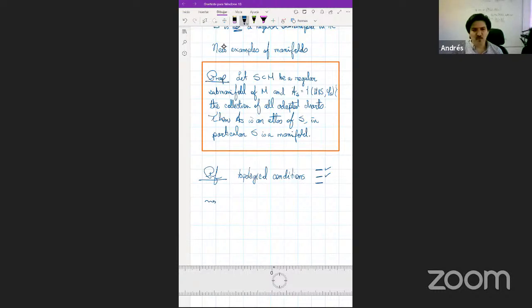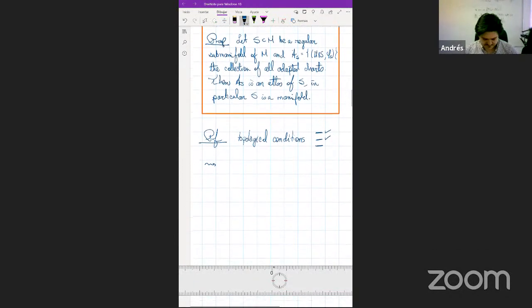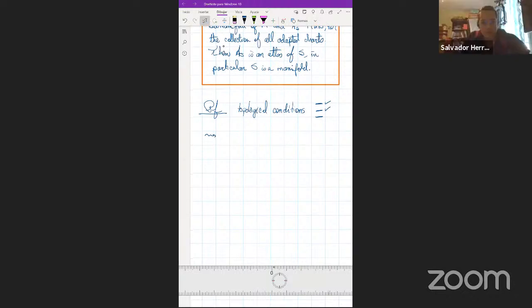What else do we have to prove in order to show that it is a manifold? So now we know that it is a topological manifold. What else? The atlas, right?